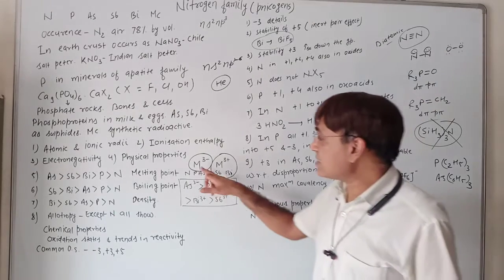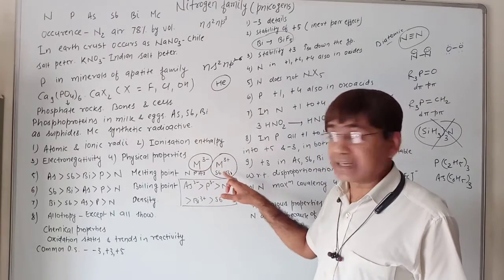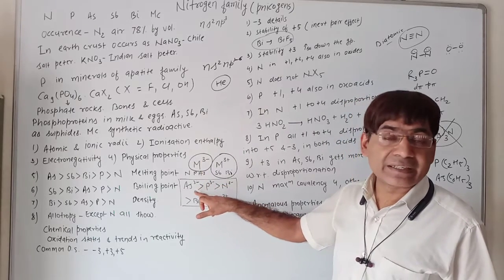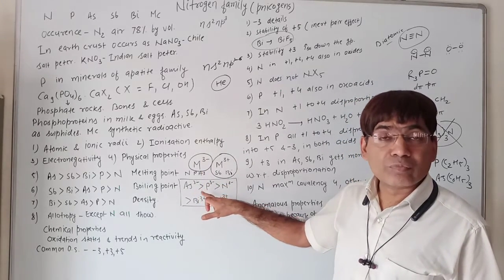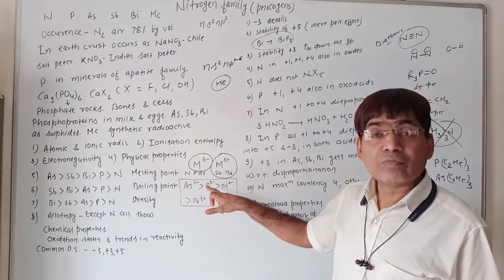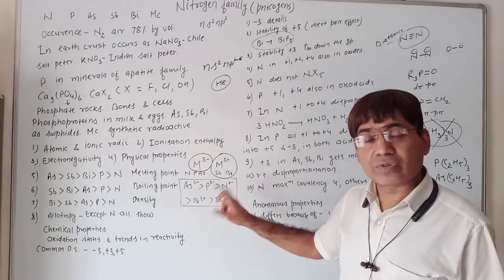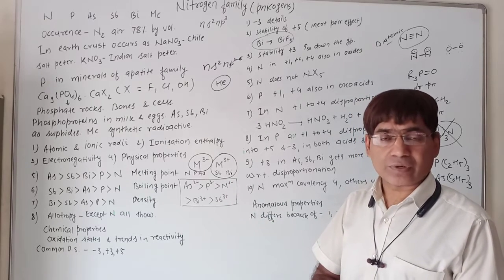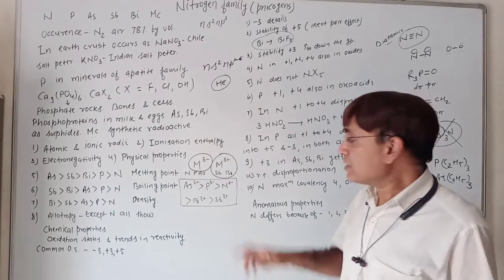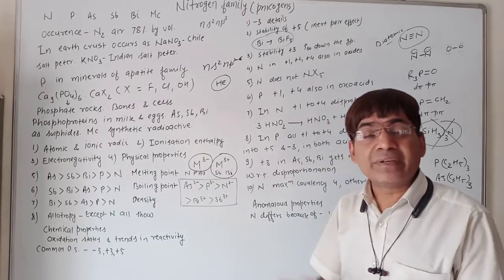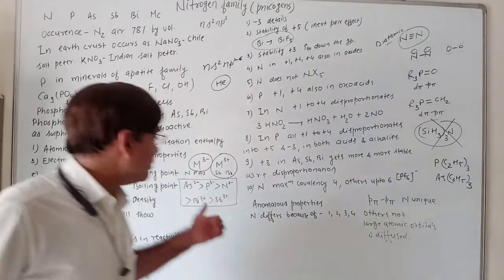As anions are larger than cations, the ionic radius follows the trend: As3 negative more than P3 negative more than N3 negative more than Bi3 positive more than As3 positive. This data is quite unusual, and this might be a direct question, so you have to keep it in memory.